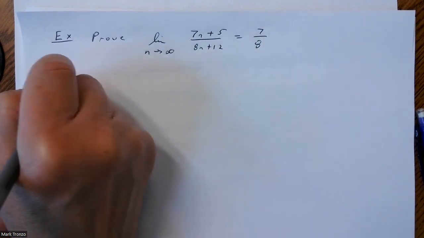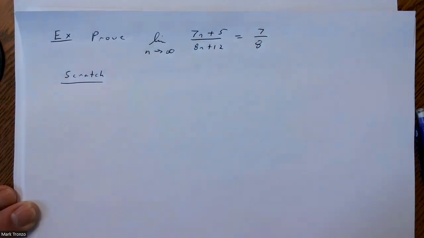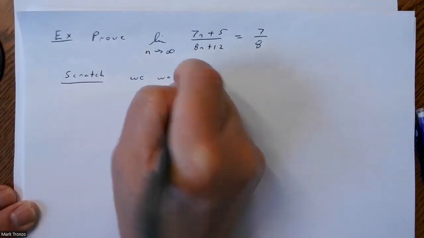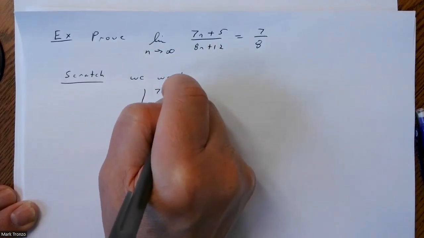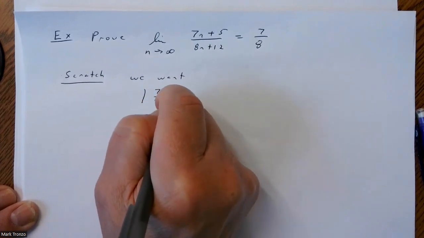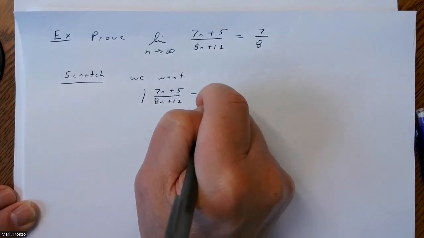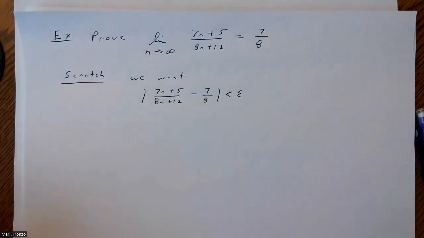And so let me just start with our scratch work. This one gets just a little bit messy. Again, we want 7n plus 5 over 8n plus 12 minus 7/8 less than epsilon.